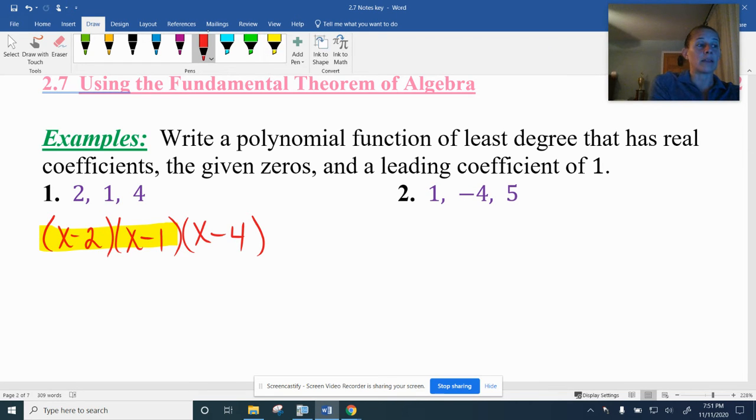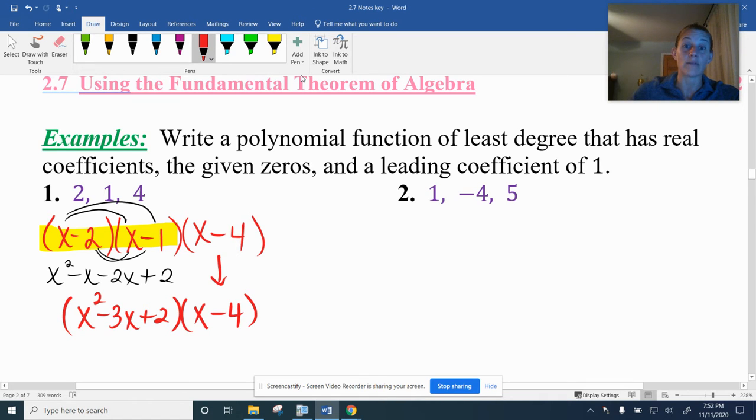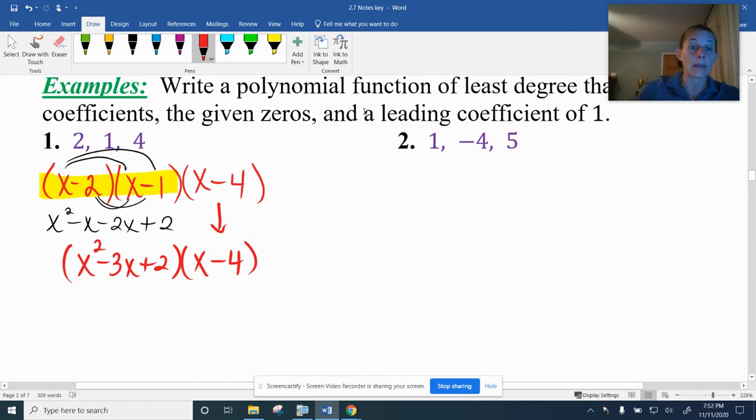If I multiply these 2 together, I'm going to have x squared minus x minus 2x plus 2. And of course, when I combine my like terms, that's going to give me x squared minus 3x plus 2. And now I'm going to multiply that to that x minus 4 that I still have not multiplied yet.